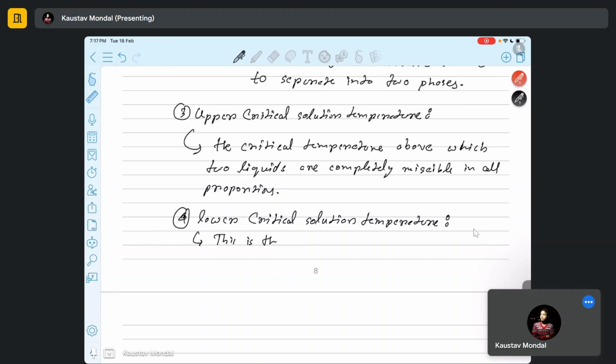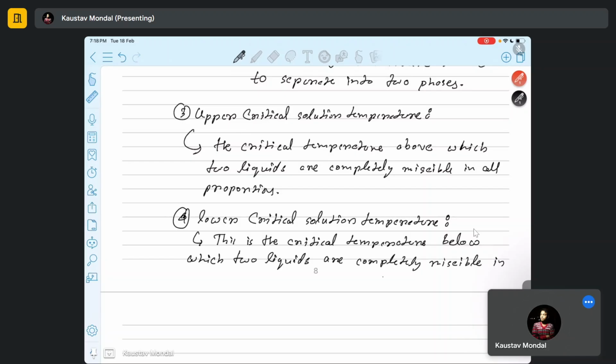This is the critical temperature below which liquids are completely miscible in all proportions.